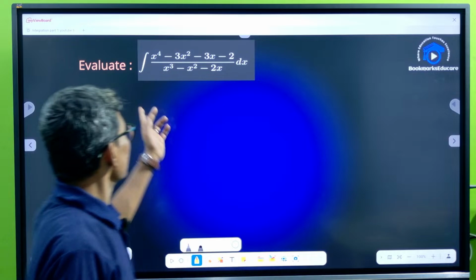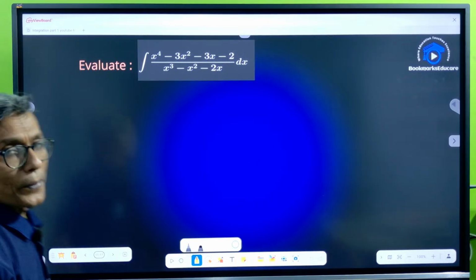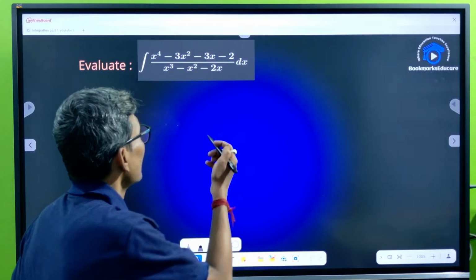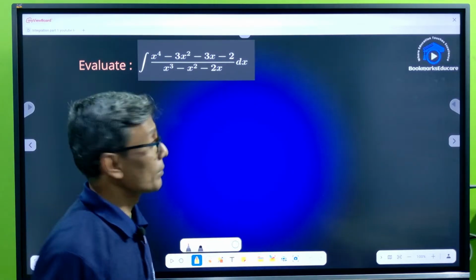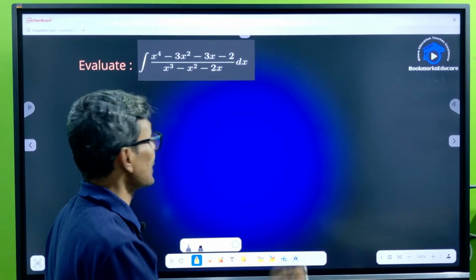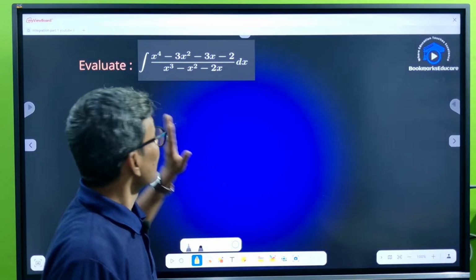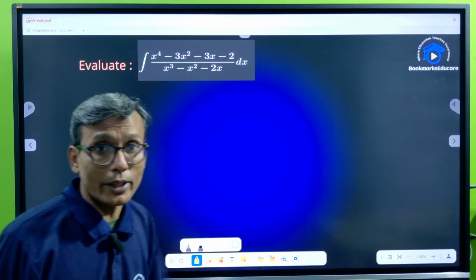So the next sum is this: if the power of the variable in the numerator is greater than the power of the variable in the denominator, then we have to just divide the numerator by the denominator.